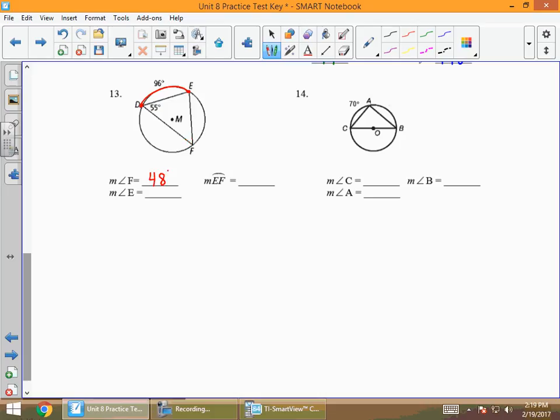So this one down here is 48. Then to find angle E, the sum of the angles of a triangle add up to 180. So I can do 180, subtract 55, and subtract 48 to find angle E. That'll give me 77 degrees.